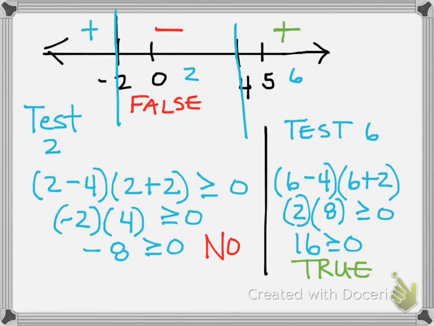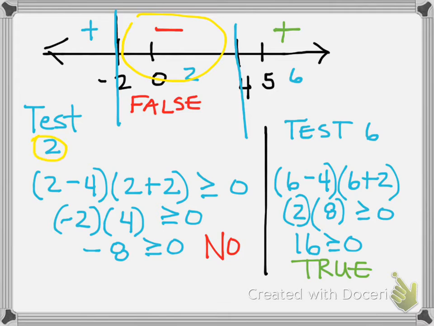Okay. The next place I chose to test a point was right in here, in the middle area. And in there, I chose 2. You can choose any value in there. I could have chosen negative 1 or 3, but I chose 2. So I tested 2.